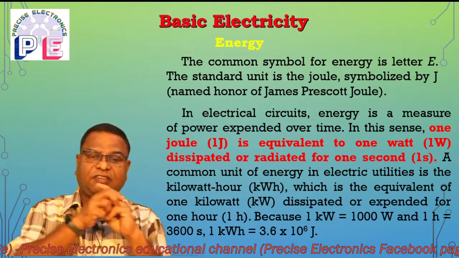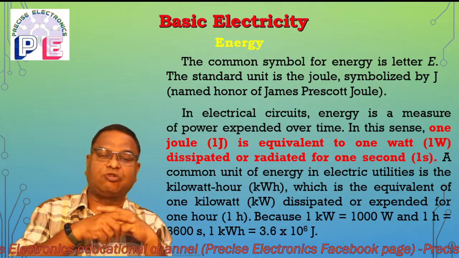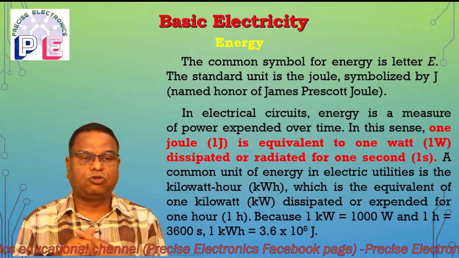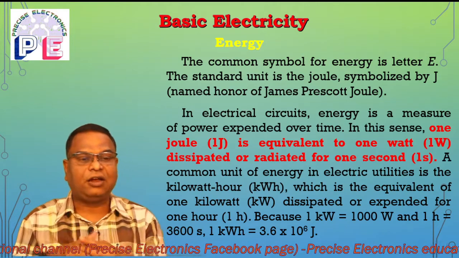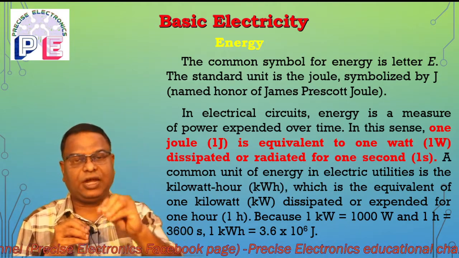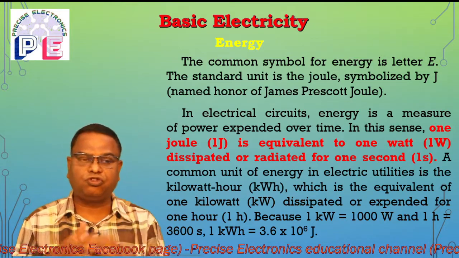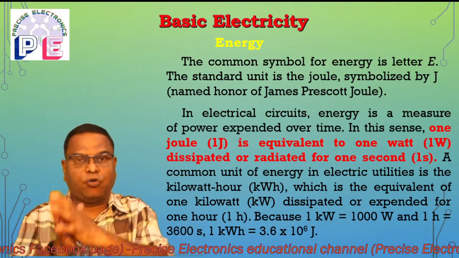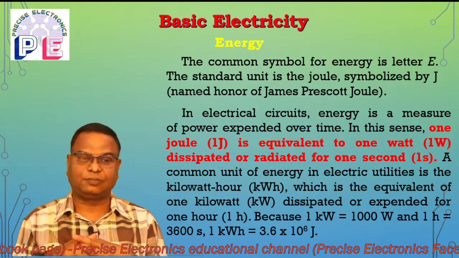In this sense, what is 1 joule? 1 joule is equivalent to 1 watt. Power is measured in watts. So when 1 watt of power is dissipated or radiated in 1 second, the energy of that device is 1 joule. So friends, 1 joule is equivalent to 1 watt of power dissipated or radiated for 1 second.